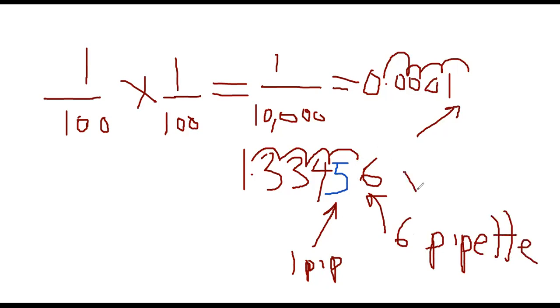This pipette, you have no business with the pipette. The people that usually use that pipette are the brokers. What you are concerned about here is the pip. Are you with me? What you are concerned about here is the pip.